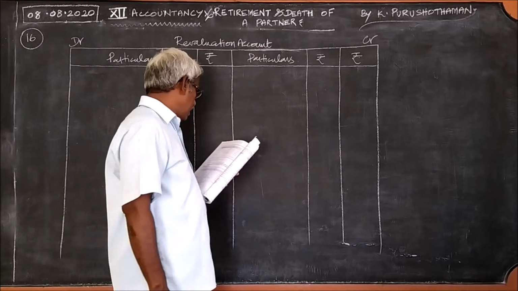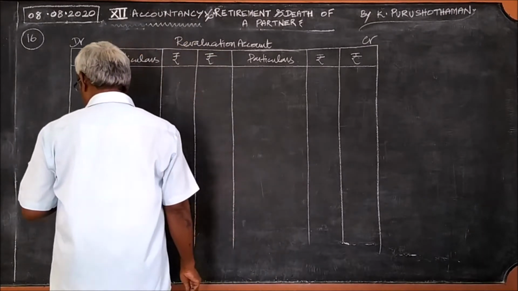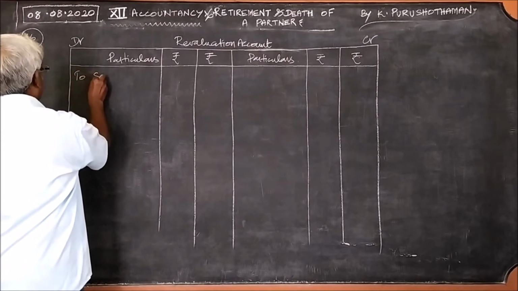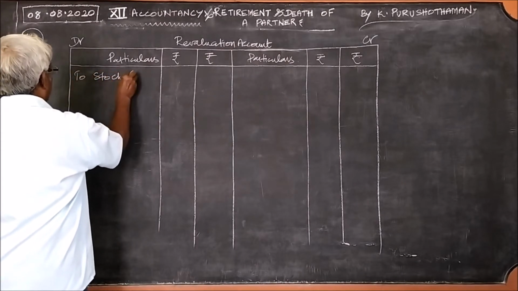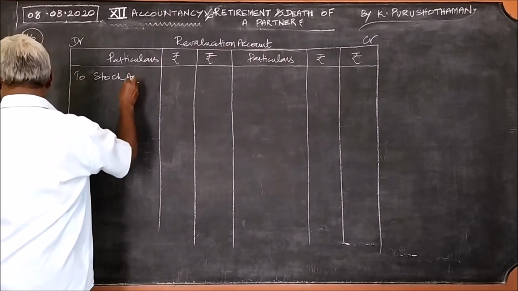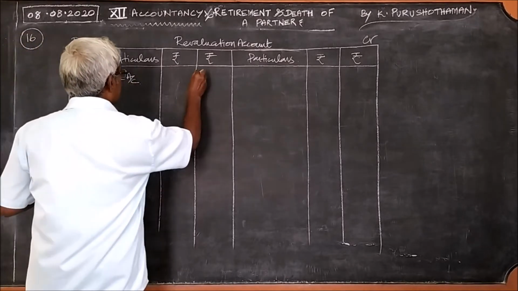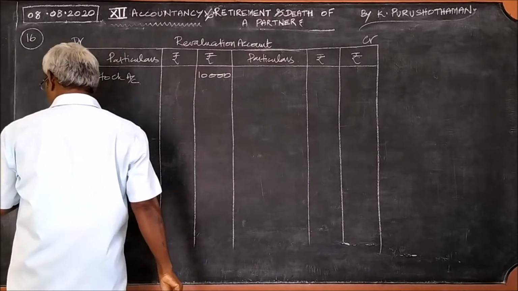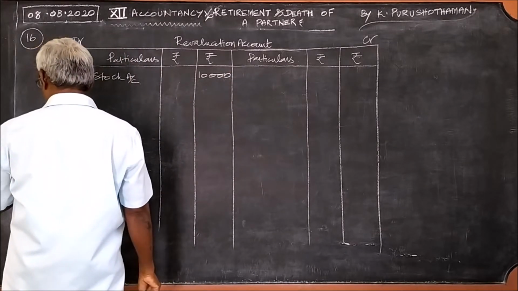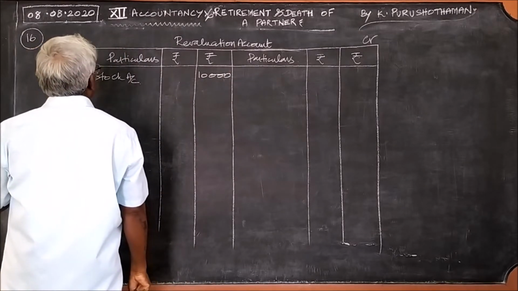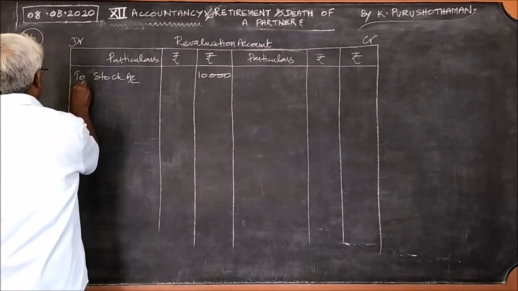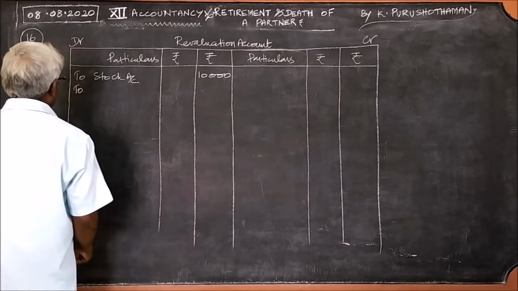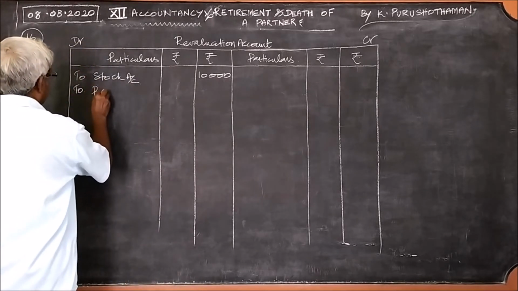The first one, stock to be depreciated. Therefore, it is a depreciation, it is a loss item to stock account. The amount is 10,000. Provision for doubtful debts to be created for 3,000. This is a doubtful debts or provision for doubtful debts. They are loss items.